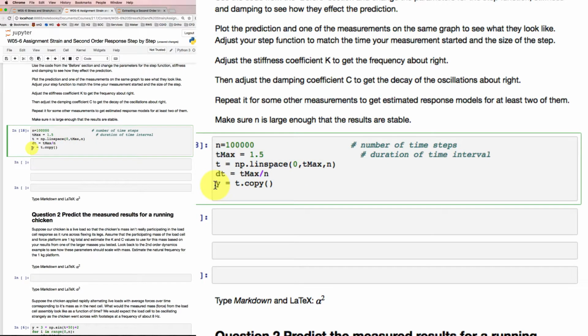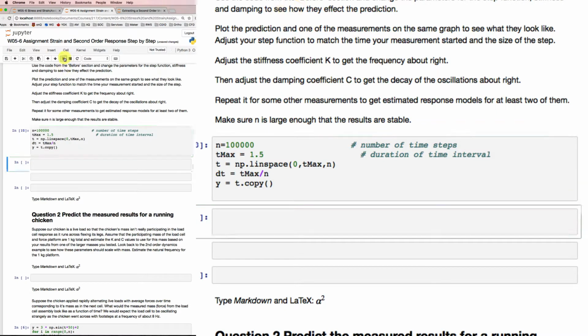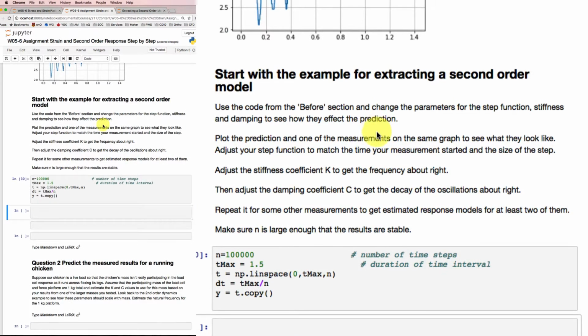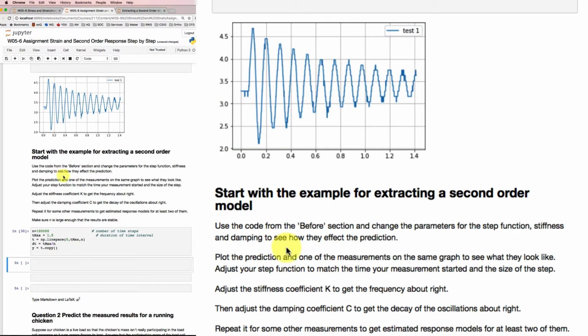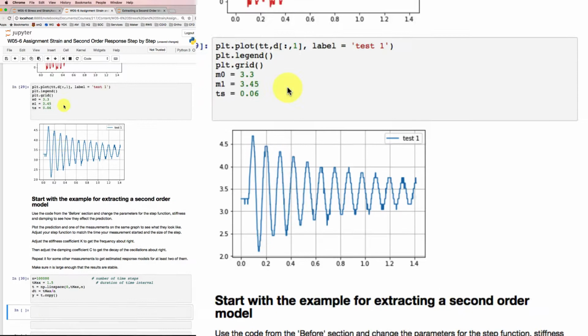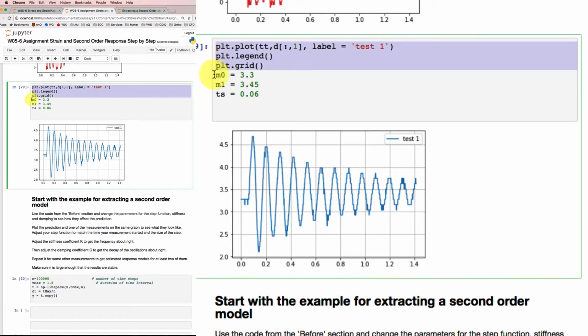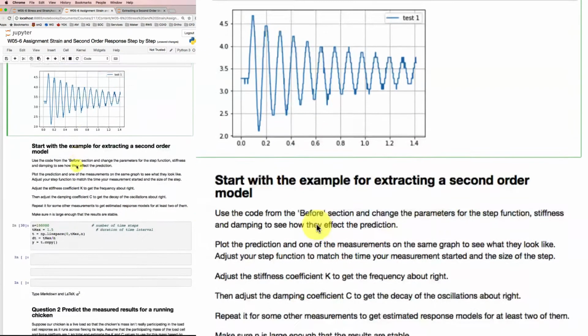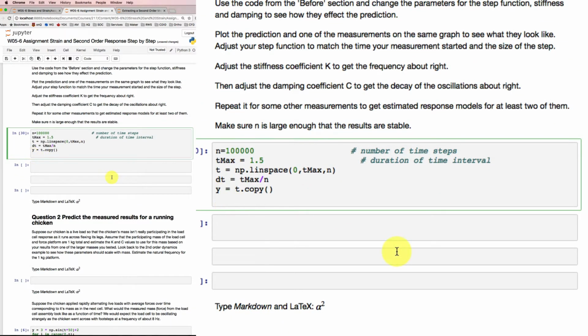Then I'm going to make my y value, my applied load, my input, be a copy of the time, just to make sure that it's the same size. I can run that, and it runs okay. That's good. Next I'd like to make an approximation of what's going on here. So let's try plotting that out. I'm going to copy this plot stuff again and add that in there.